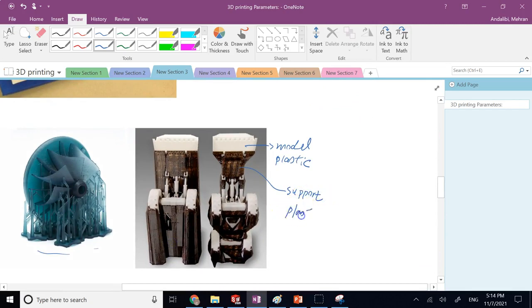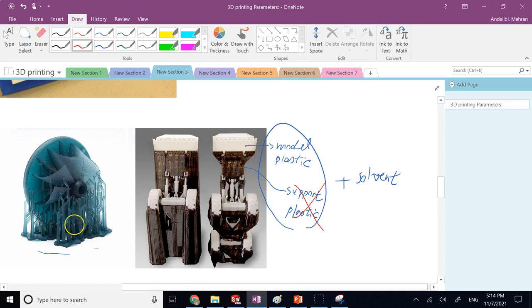The difference is this. When you put the printed part, this whole thing, into a chemical solvent, that solvent would only attack the support plastic and eliminate it, but has no effect on the model.